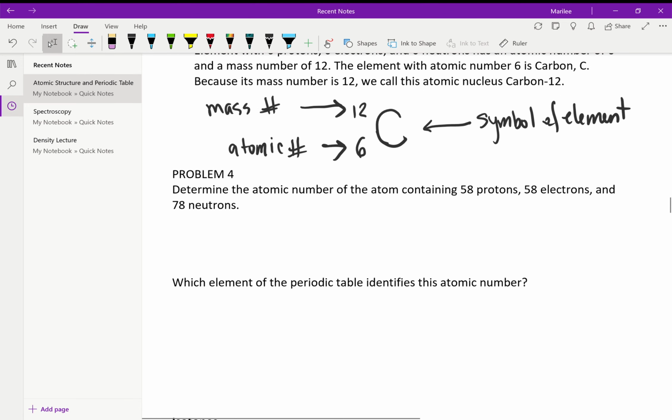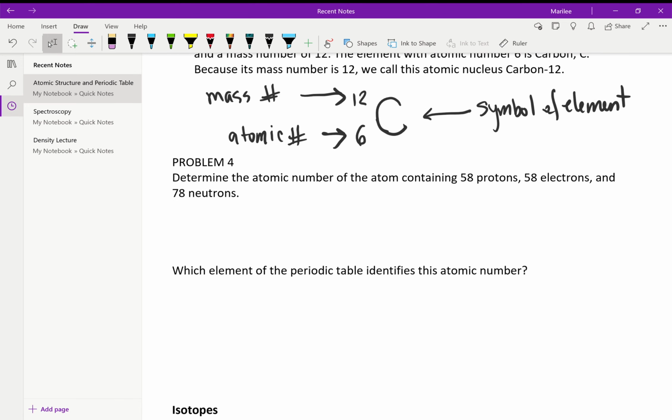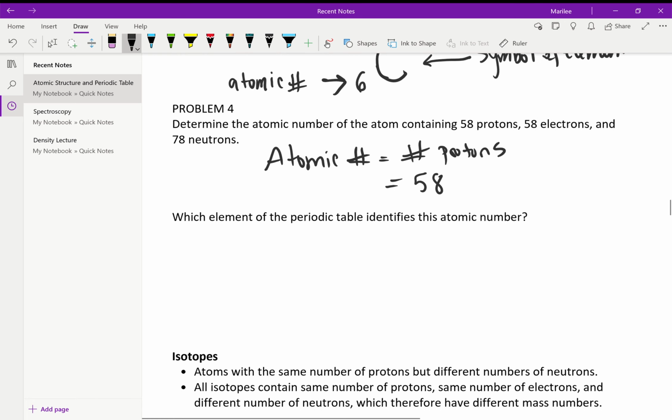Problem 4 says, determine the atomic number of the atom containing 58 protons, 58 electrons, and 78 neutrons. So atomic number is what? We said atomic number is number of protons. This happens to be 58. Then it says, which element of the periodic table identifies this atomic number? I uploaded the periodic table for you guys to look at, so if you can pull that up, I'll wait a few seconds.